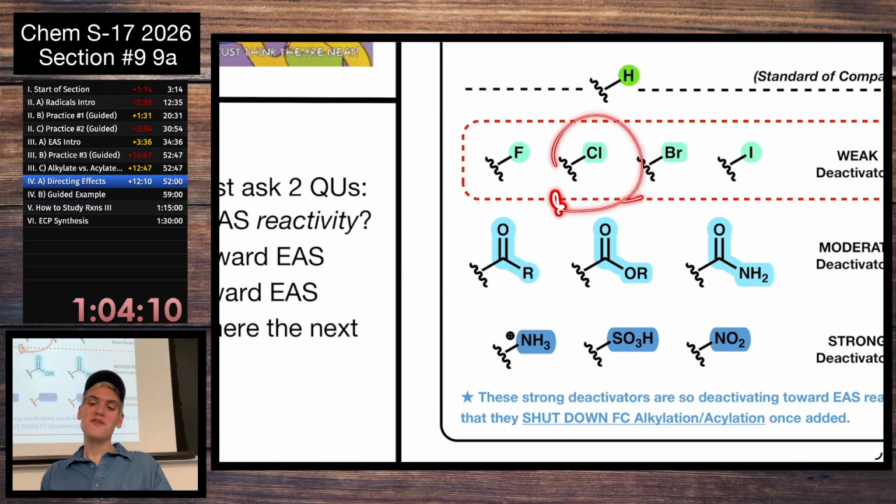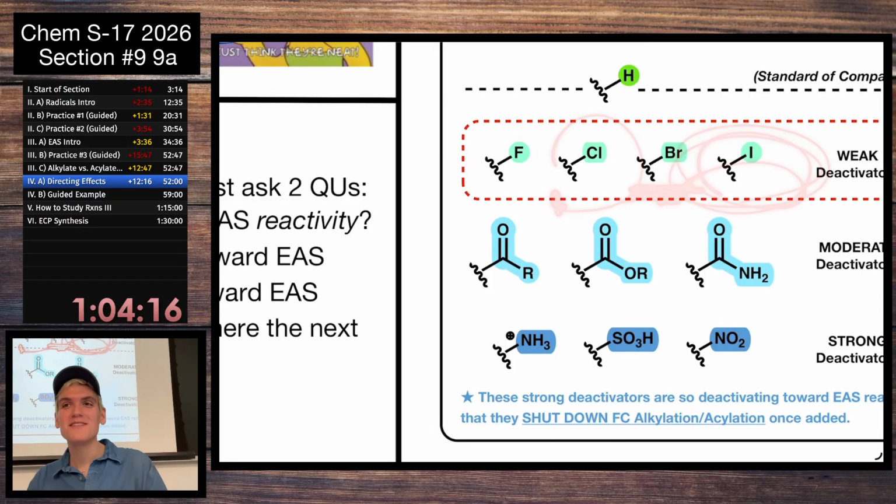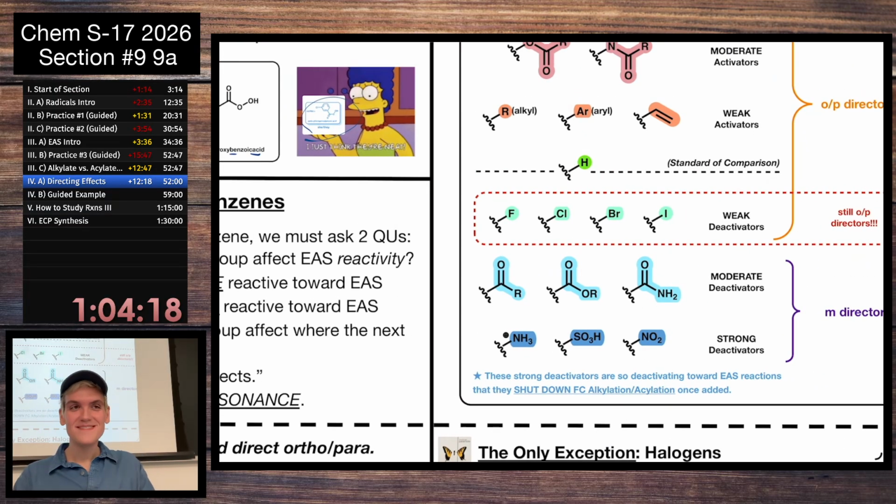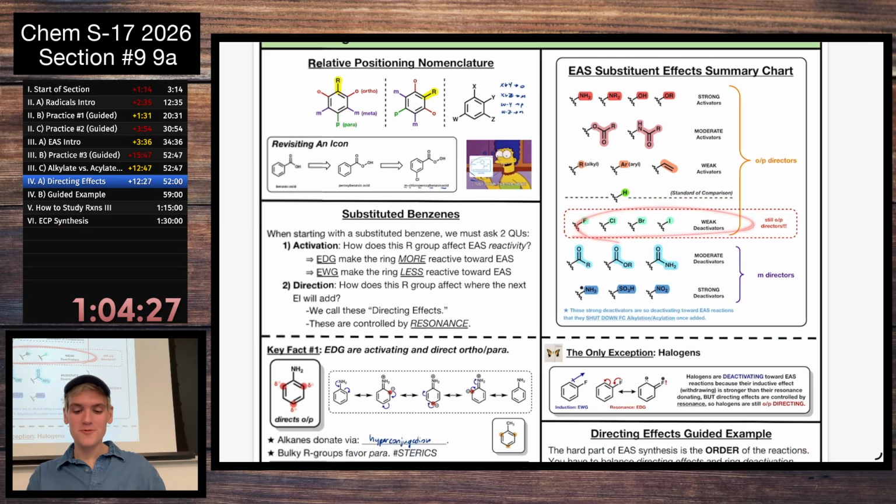My bro, bromine, you are the only exception. And finally, Miss Iodine, you are the only exception. So we have that. It's the only exception to our rules over here.